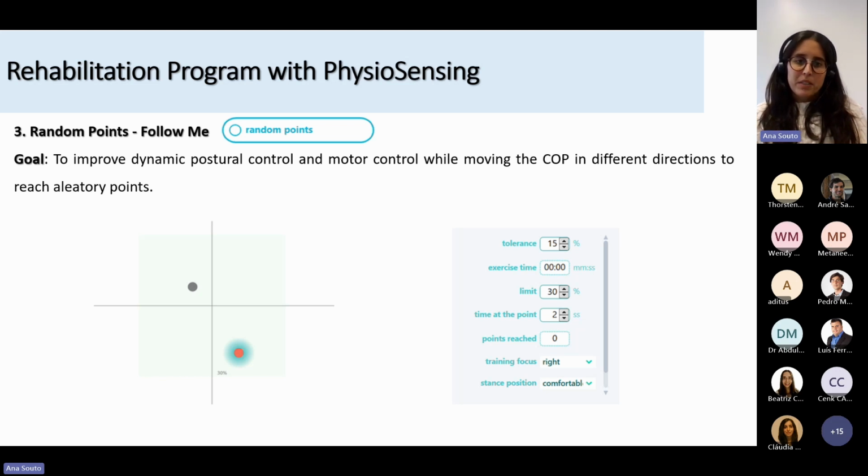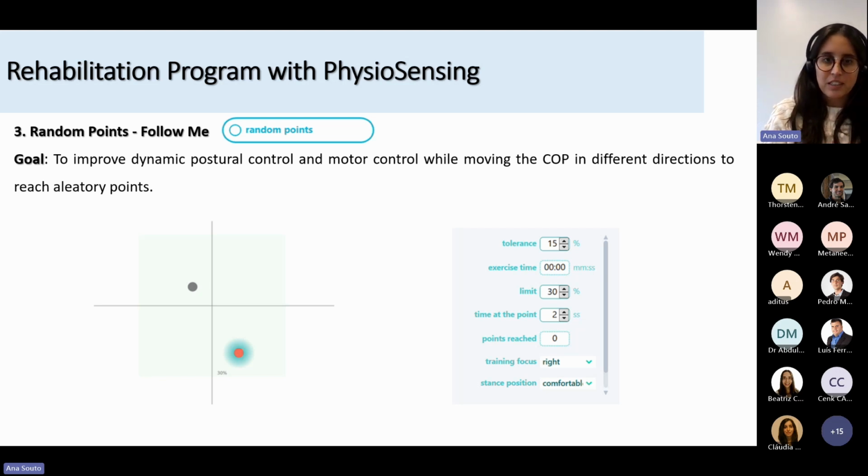So the parameters are similar to the ones that we saw. A different one here is the time at the point. Here we can choose a specific value for the time that the patient has to stay on top of the point to validate the point.